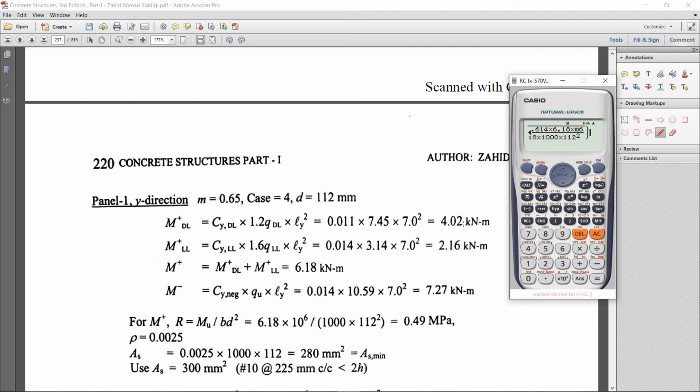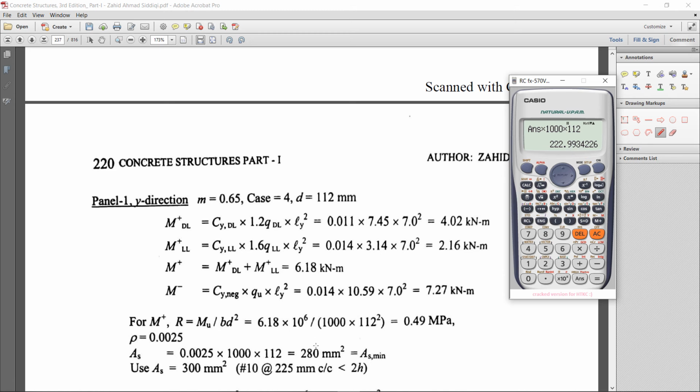The rest of the formula will be the same. Equal, we got this value for the steel ratio, multiply with BD, 1000 by 112, so our answer is 222 millimeter square.